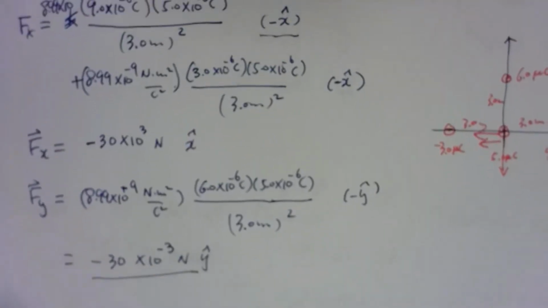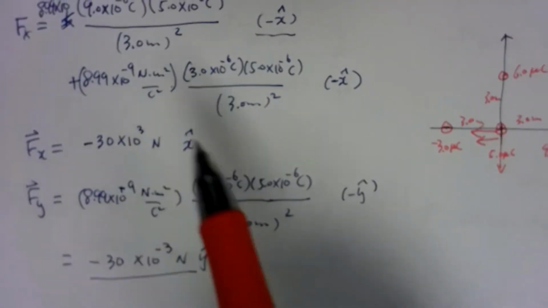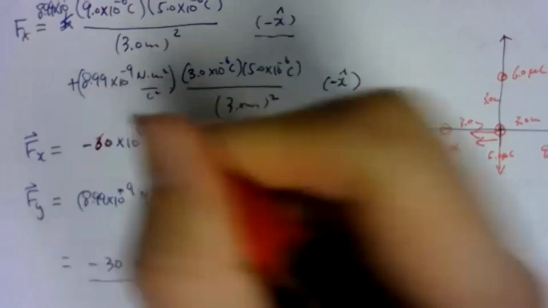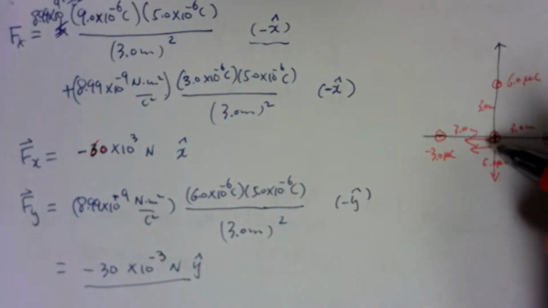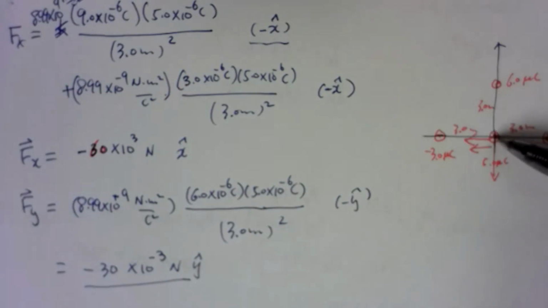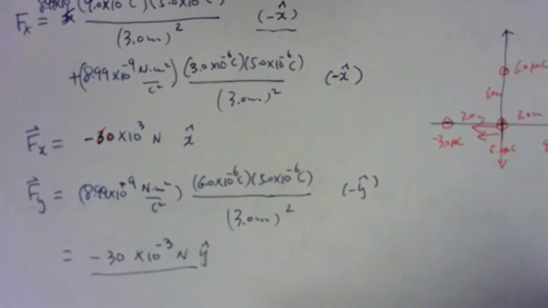All right. So it turns out that this guy should be minus 60 in the x direction, because there's a 9 on that one pointing in that direction, and there's a 3 on this guy also pointing in that direction. So these two should add up. So 9 plus 3 should be twice 6. So this should be minus 60.